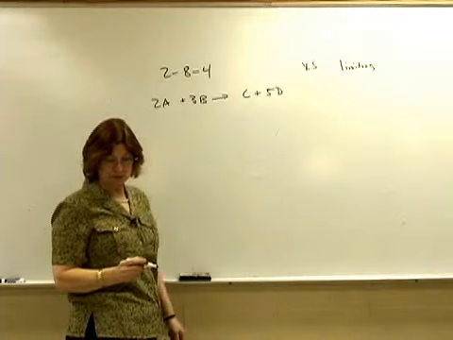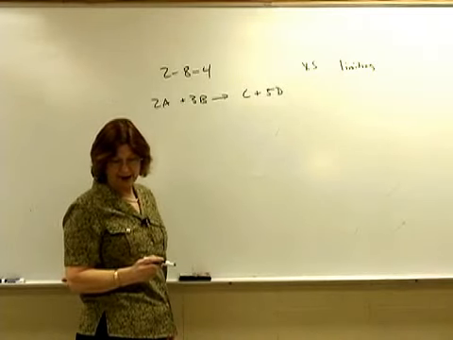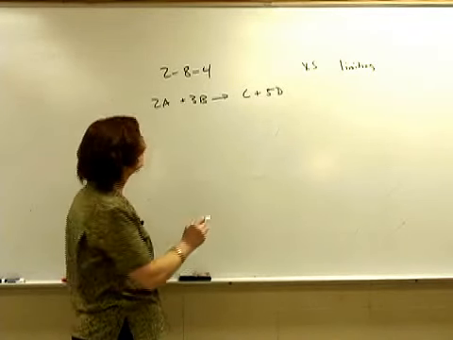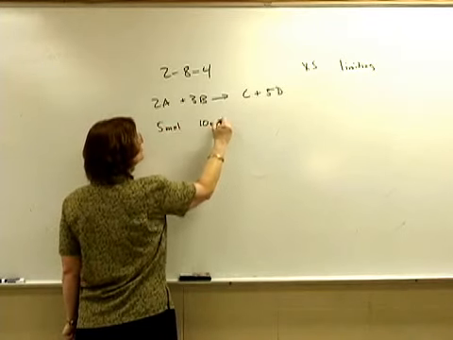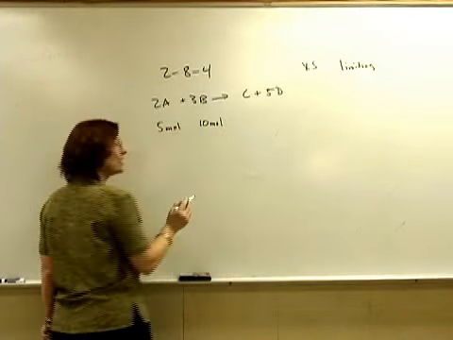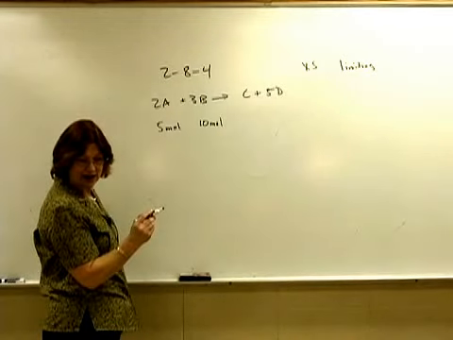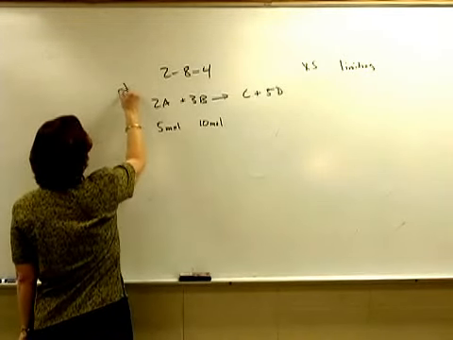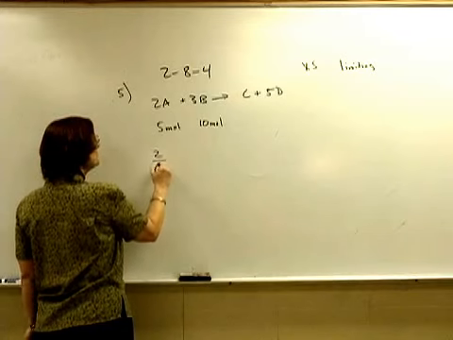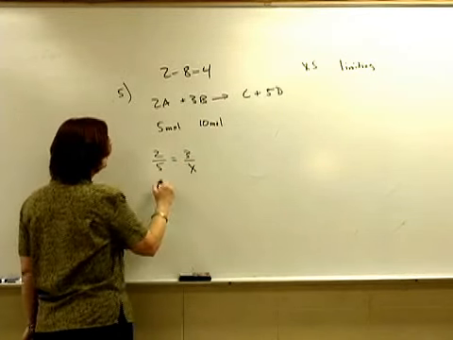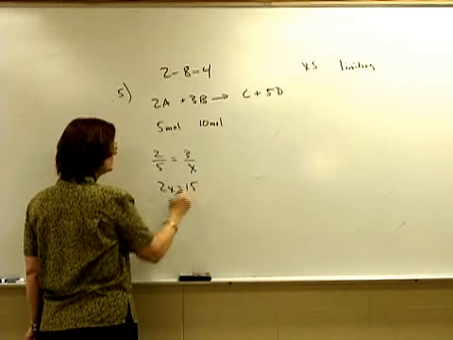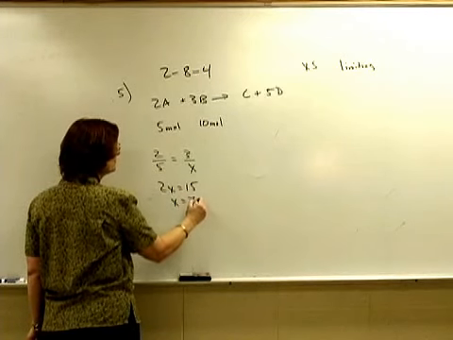Now, I want to use the one where I have 5 moles and 10 moles. I go about it the same way, and this is number 5. 2 is to 5 as 3 is to x. 2x equals 15. Therefore, x is equal to 7.5.